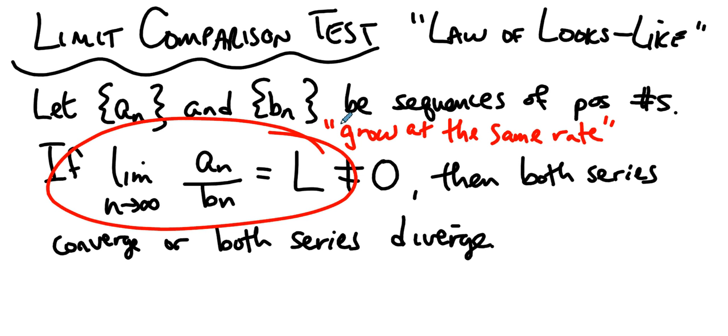And if they grow at the same rate, then whatever the one series does, the other series has to do. They can't have one of them converge and one of them diverge if they're growing at the same rate. So in this scenario, the A sub n is the series that we want to know about, and the B sub n is something that looks just like it.